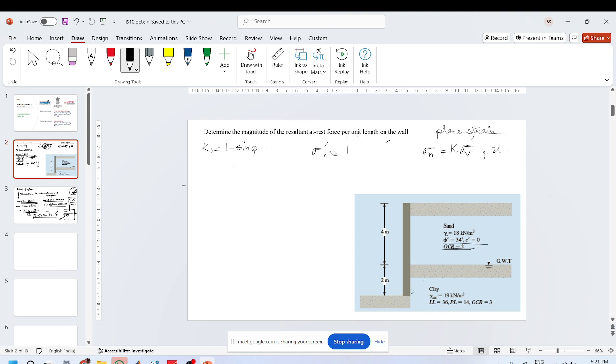The other one is, there are actually many, but since they have given the OCR, I will write K naught equals 1 minus sine phi. I think it was into OCR.